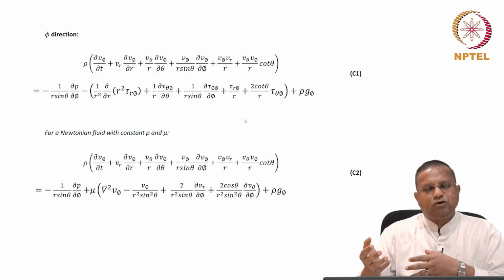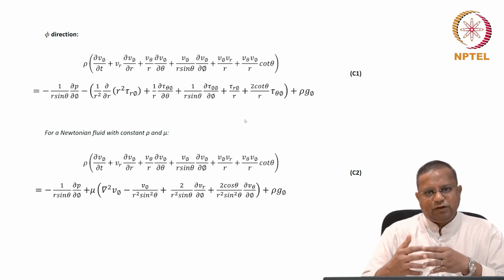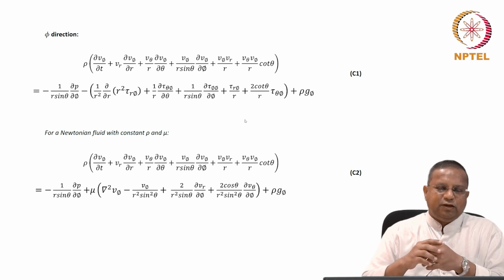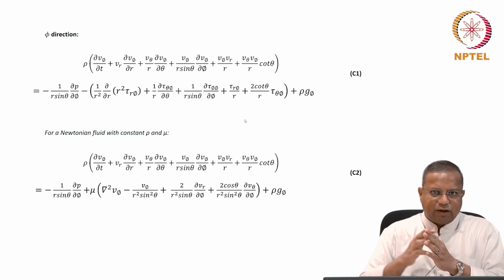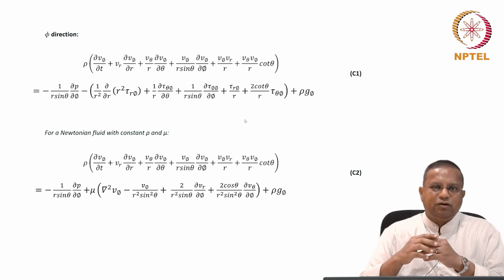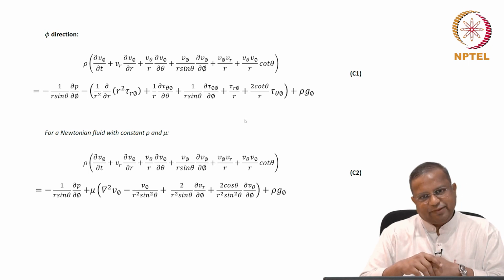In the next class, I'm going to show you the application of the equation of motion to various situations. We'll start in a few classes from now on. Over the next few classes, I'm going to show you the various applications. Okay. See you then.